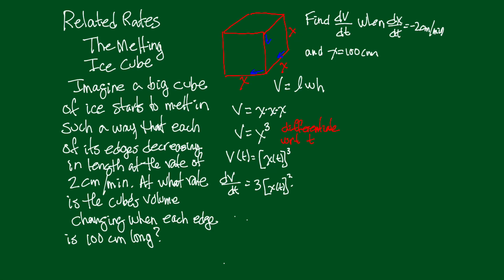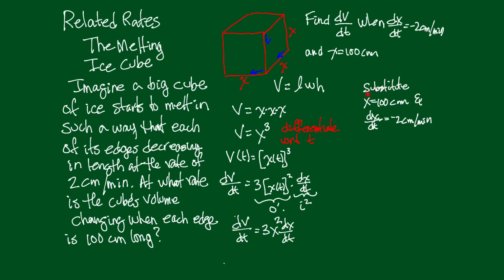That's the derivative of the outside, right? Chain rule, power rule. Derivative of the outside times the derivative of the inside, which I'll just write as dx dt, because I don't know exactly what that function is. Now this is really just dV dt is equal to 3x squared dx dt.